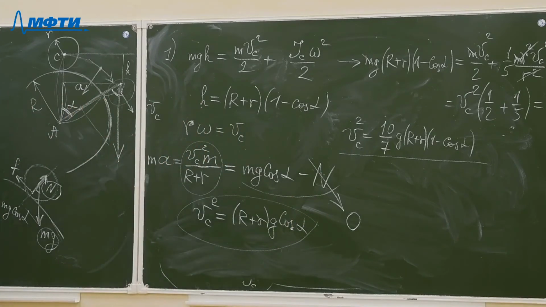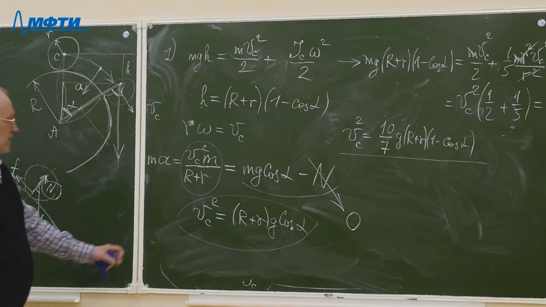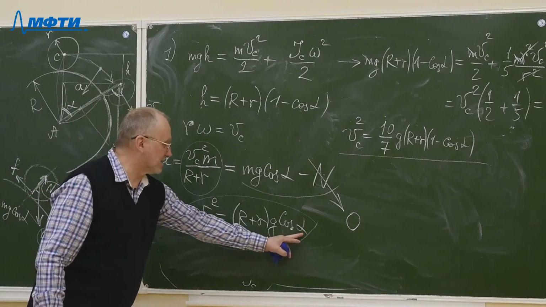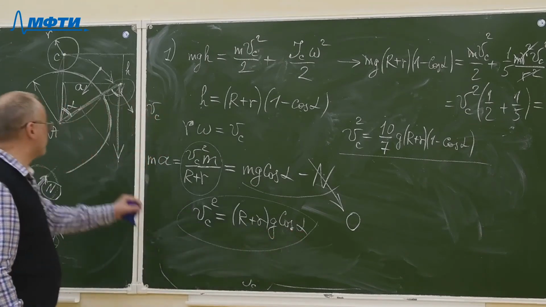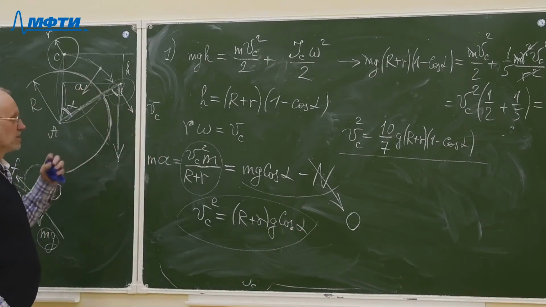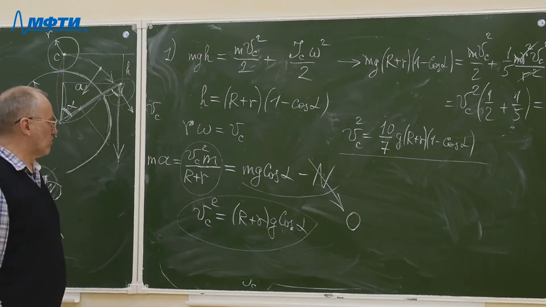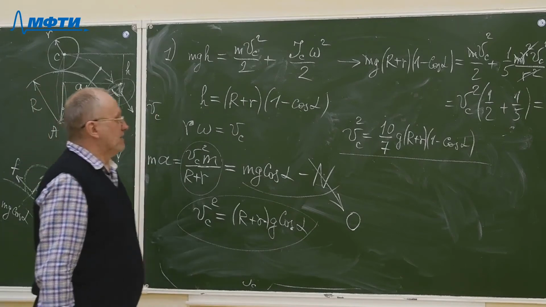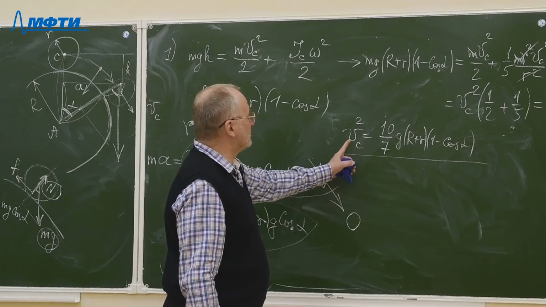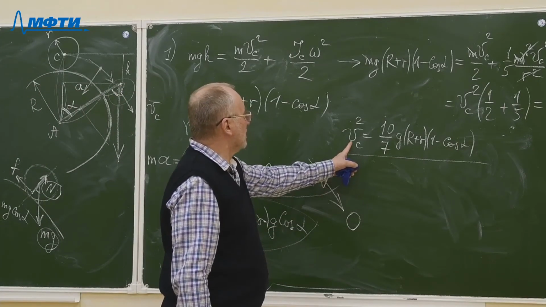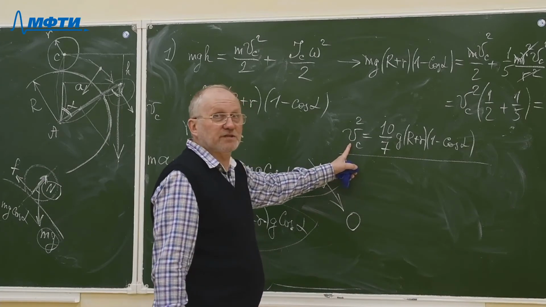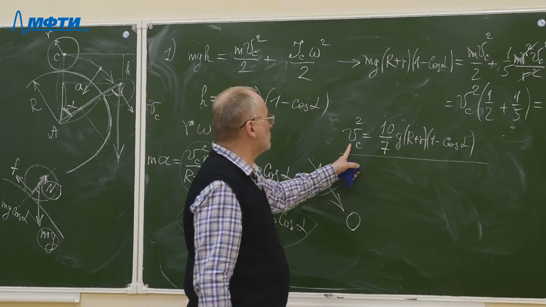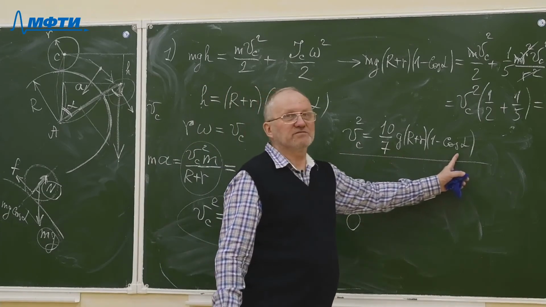This is cosine. So such should be the velocity of the center of mass of the sphere at the angle alpha at such a moment of time when the sphere disconnects from the cylindrical surface. And the previously obtained solution for the velocity, the same velocity of the same point, was obtained from the law of conservation of energy.